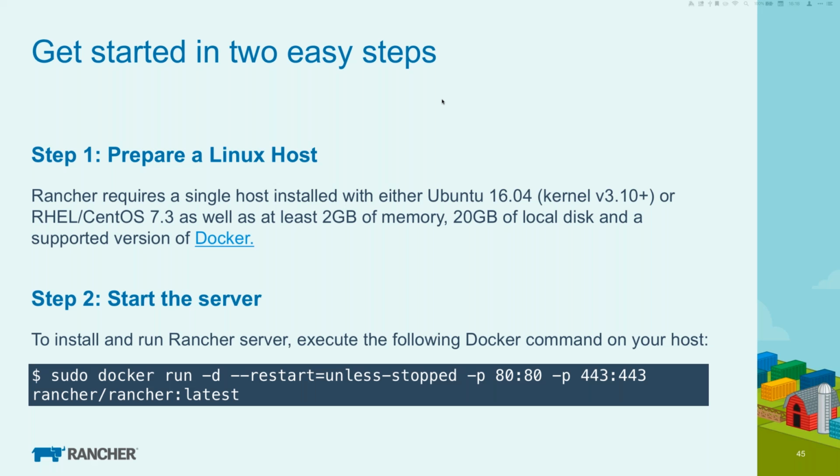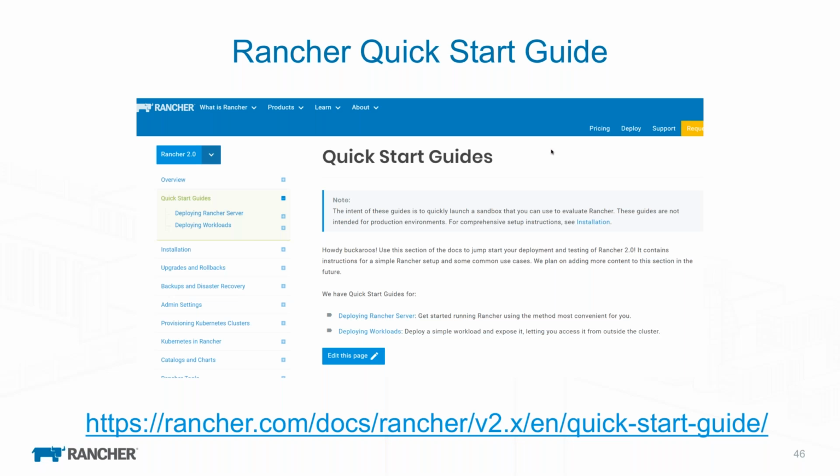You can get up and running, and you can start to take it for a spin. We have quick start guides. This is actually a snapshot of our documentation page. Our documentation is thorough, but we have quick start guides for getting started, or the installation tab has the more in-depth installation about deploying with your own certificates, Let's Encrypt, self-signed certs, HA, standalone, and everything else that you need to get up and running.